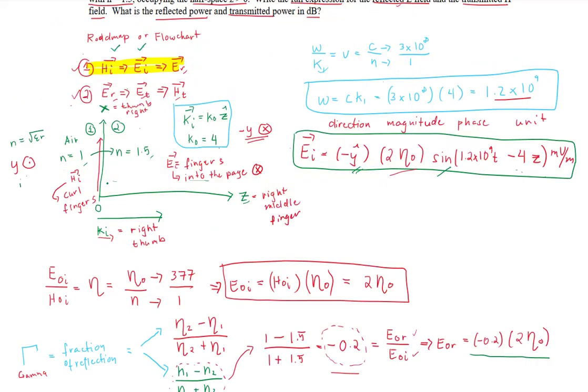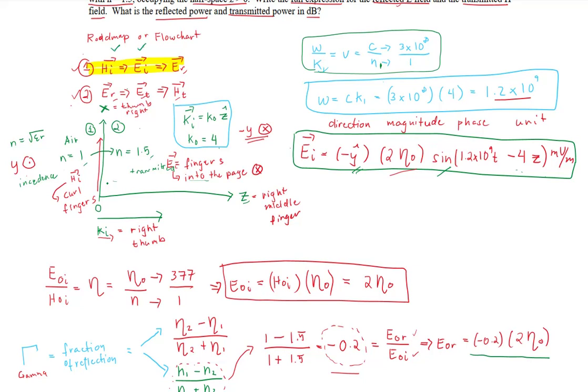If incidence is on this side and transmitted is on this side, they'll have different k's, because remember, k is from this equation, and the k we got for incidence involves n1.